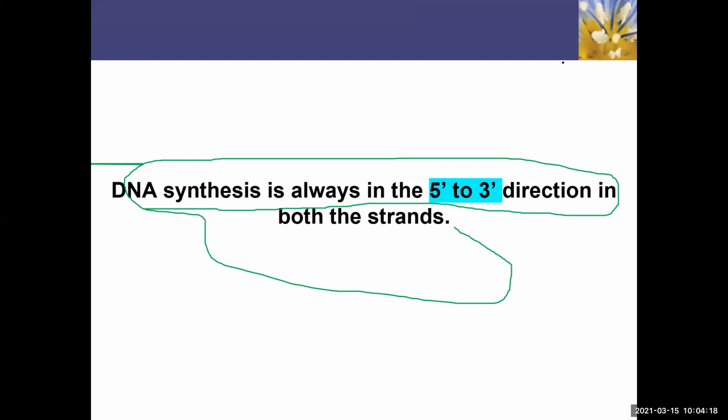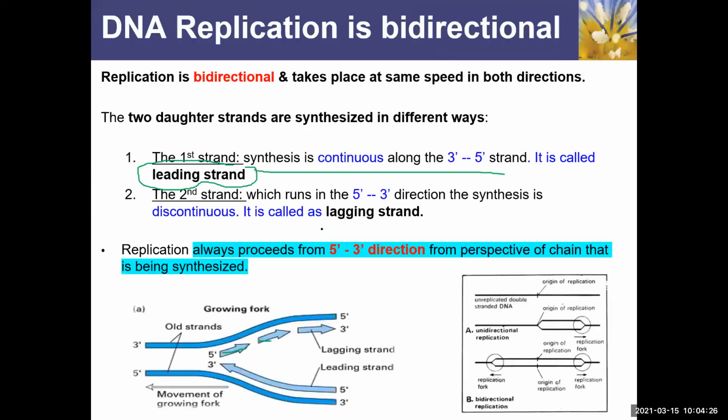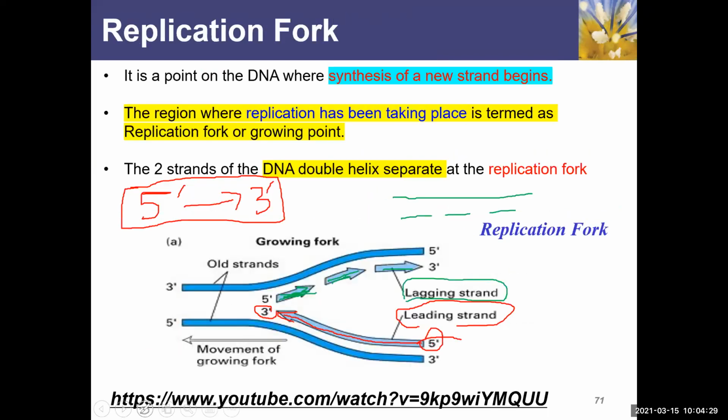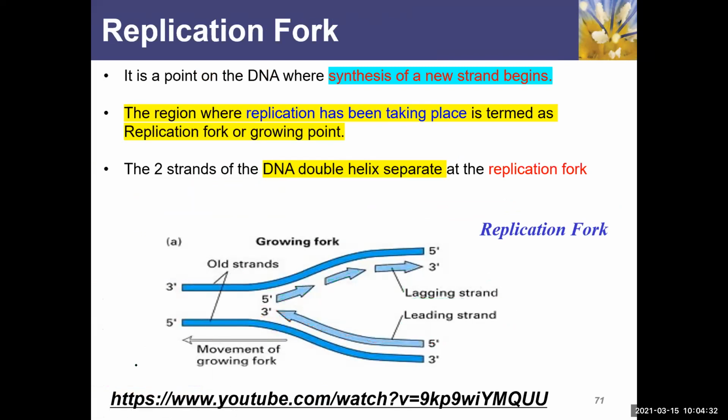But when it comes to reading, Doctor, the number of strands from where to where? If you see here in the leading strand, Faiza, that's my next thing, which I'm going to explain. It's 5' to 3'. Now, when it comes to reading the parent strand, the parent strand is always read by the DNA polymerase in the 3' to 5' direction. Did I confuse you now?